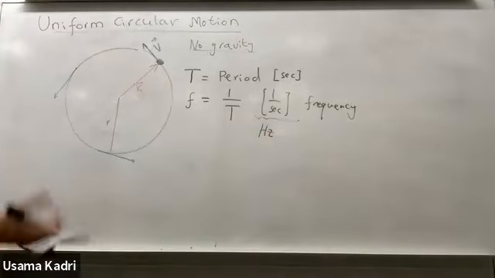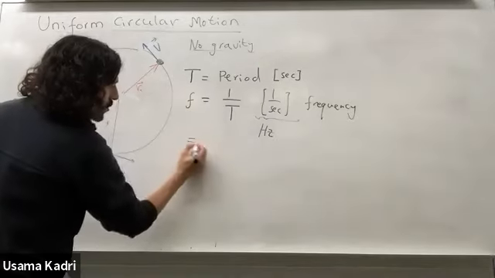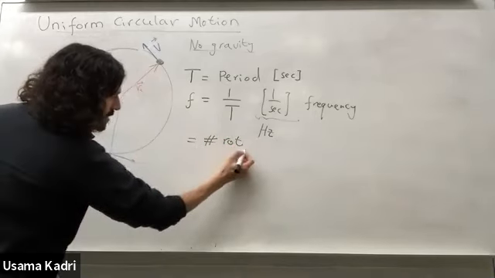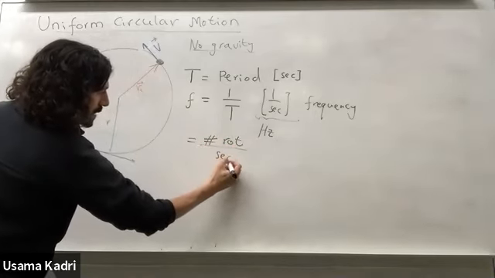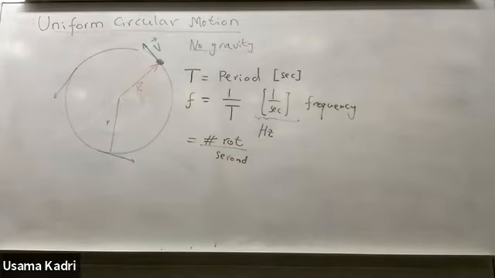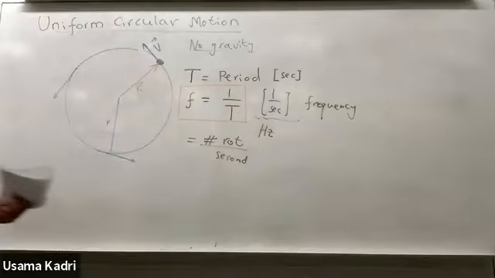How many rotations per second do we have? So this is for the number of rotations, so rotations per second. Okay. So the frequency is 1 over the period.